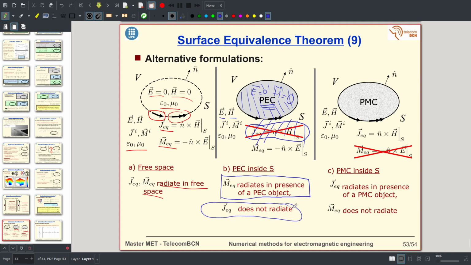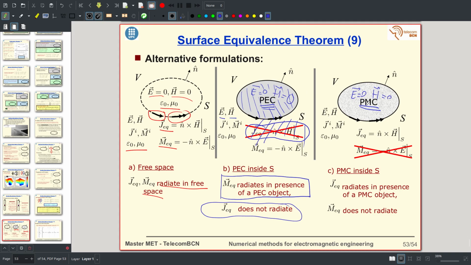We can do the dual case. This is formulation C. The dual case is that we fill surface S not with a perfect electric conductor but with a perfect magnetic conductor. Still, the fields are zero inside because it's dual: the electric field of the perfect magnetic conductor is equal to the magnetic field of the perfect electric conductor, equal to 0.